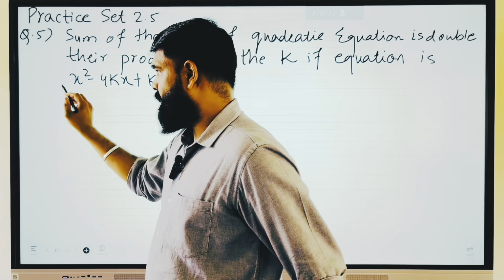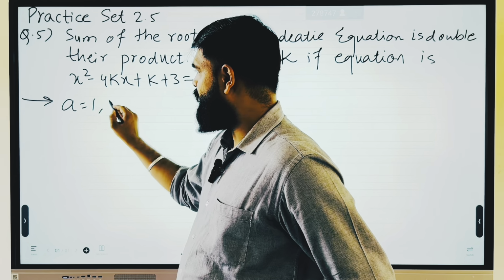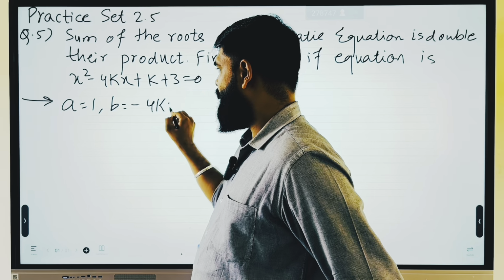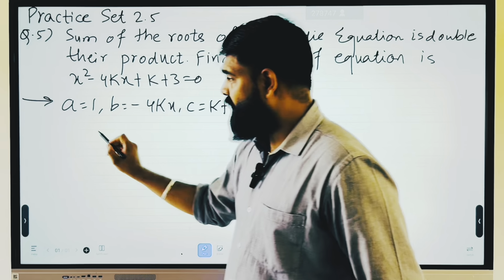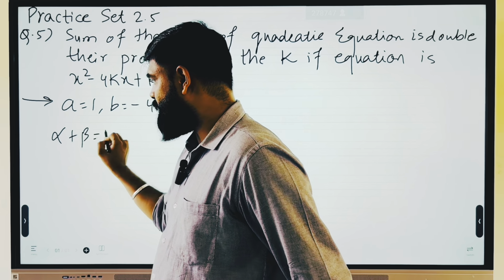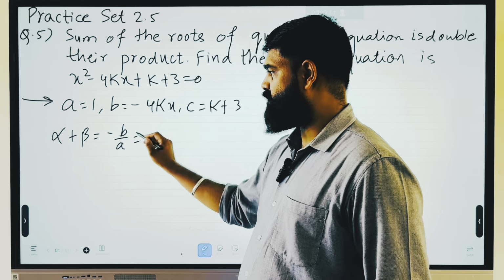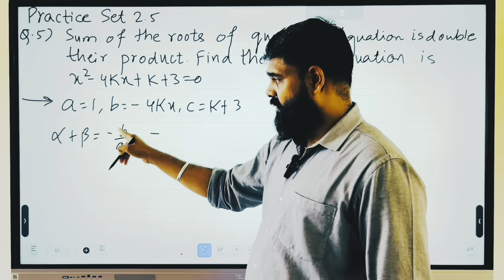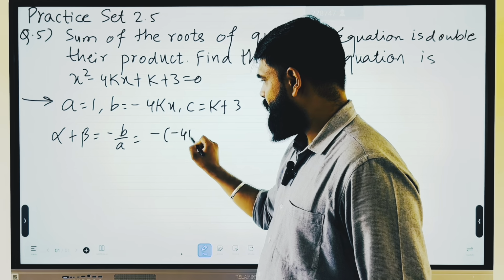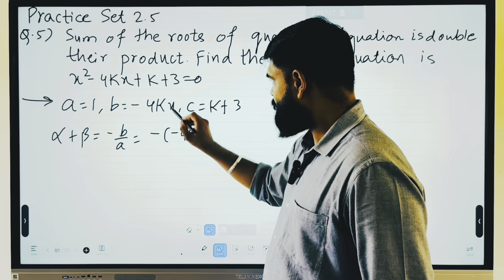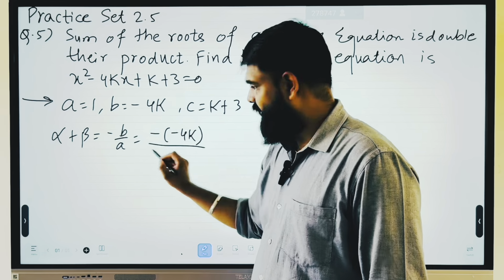So let us find the values of a, b, c. The value of a is equal to 1, b is equal to minus 4k, c is equal to k plus 3. We have one formula: alpha plus beta, the sum of the roots, is equal to minus b by a. Let us put these values into this equation. Minus b, with b being minus 4k, divided by a, where a is equal to 1.